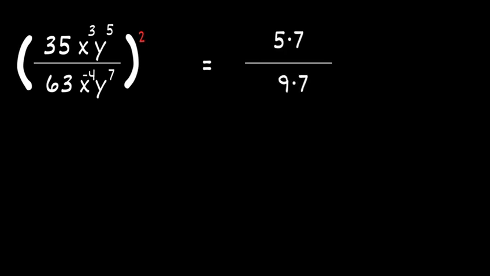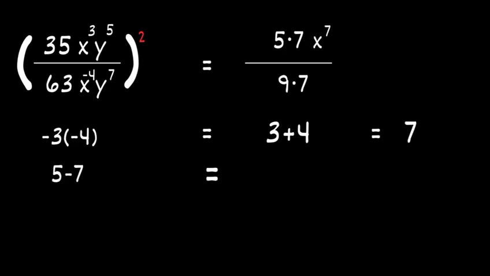Now x to the 3rd divided by x to the negative 4th, that's going to be 3 minus negative 4, which is 3 plus 4, and that's 7. So we're going to have x to the 7th on top. And then we have 5 minus 7, which is negative 2. It's negative 2 on top, but if we bring it to the bottom, it's going to be positive 2 on the bottom. So let's go ahead and do that, and this is still raised to the second power.